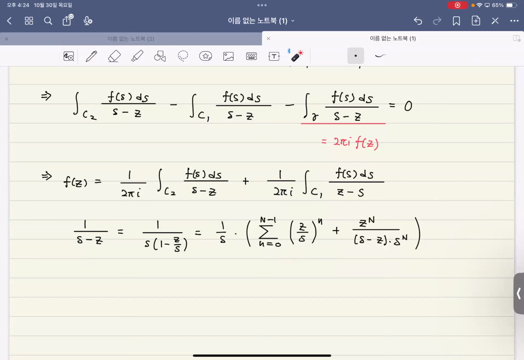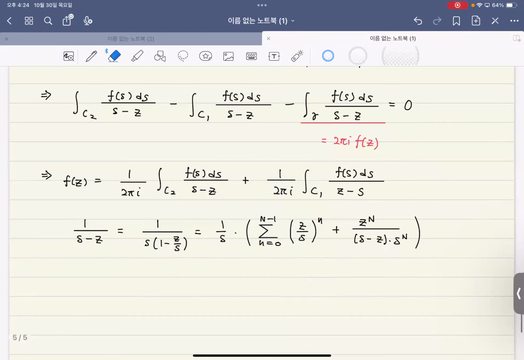This is going to be 1 over s times 1 over (1 minus z over s), everything to the n. If I add this guy by that, I will get this. This is just high school level algebra, not too complicated.